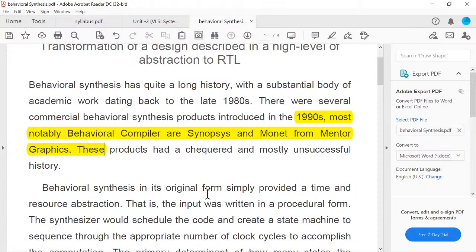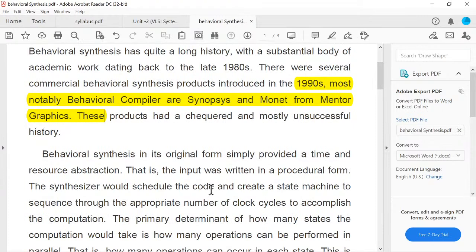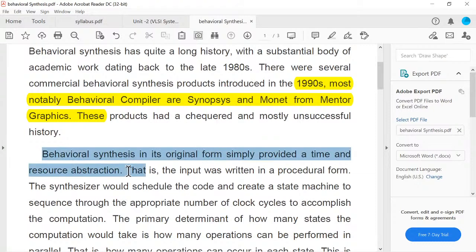So later on, several other companies decided to implement their chips by using this behavioral synthesis process. This behavioral synthesis, in its original form, simply provided a time and resource abstraction.